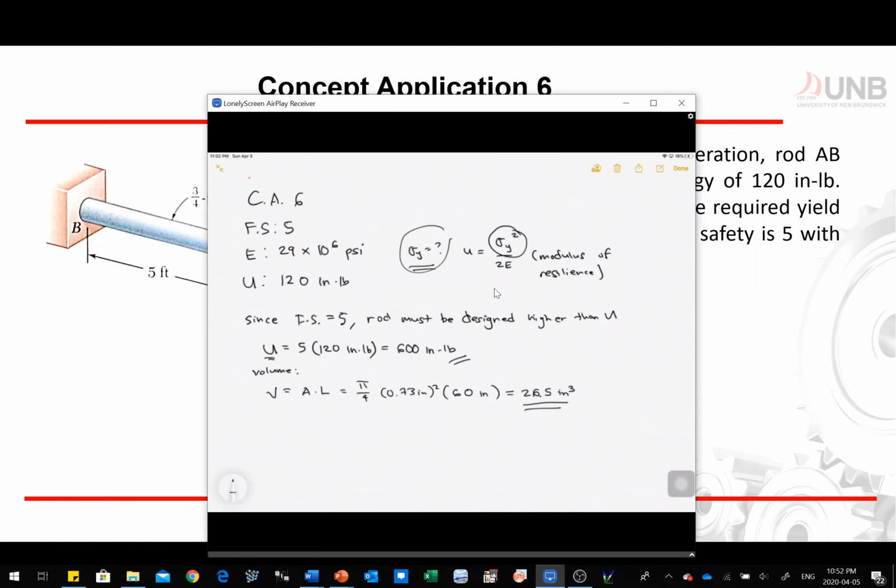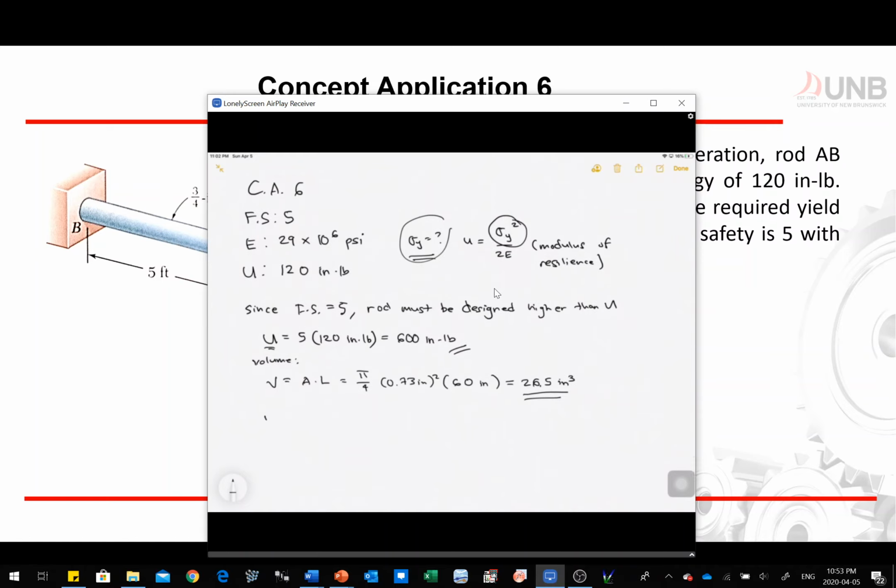Now, to calculate our strain energy density, small u, that's equal to capital U divided by our volume.